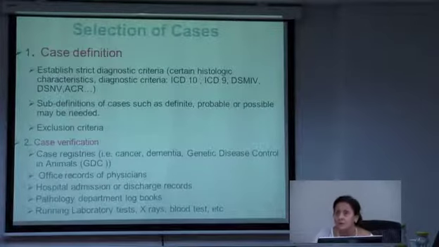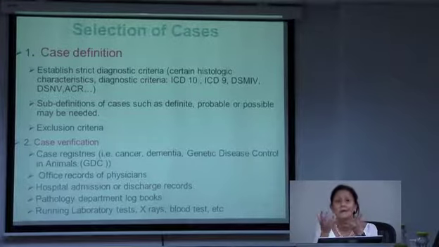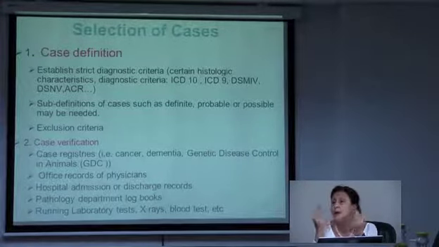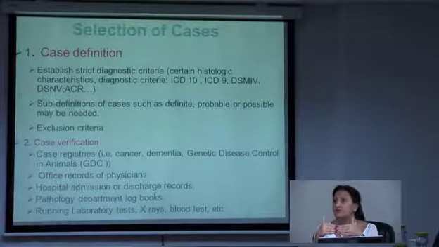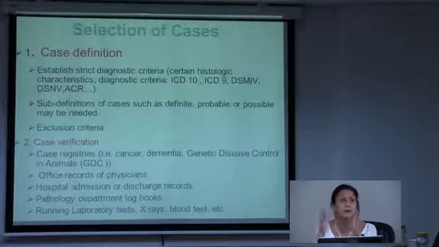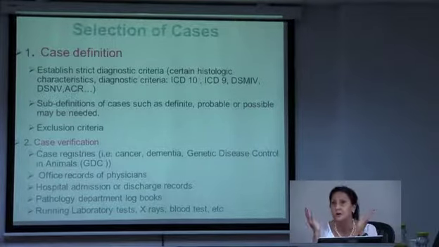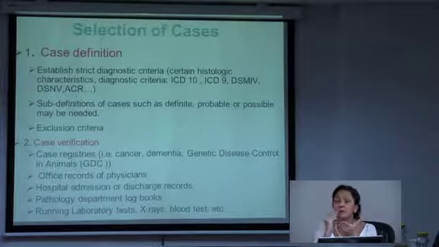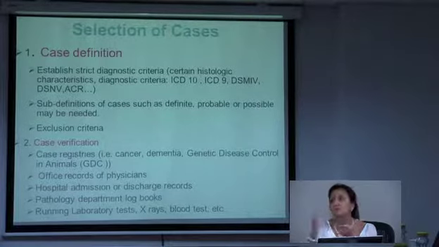So selection of cases. When I say a case of a disease, I have to be clear what constitutes a case. And to be clear what constitutes a case, I need to have definite criteria. So when I say bladder cancer, it has to be particular: is it stage 1 bladder cancer?